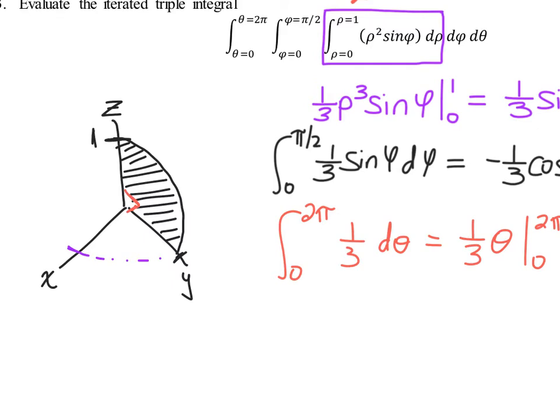So you might do something like this, just to give that little wedge of it, but you're spinning all the way around for a total of 2 pi. So 2 pi in this direction, pi over 2 in this direction, with 1 unit above.